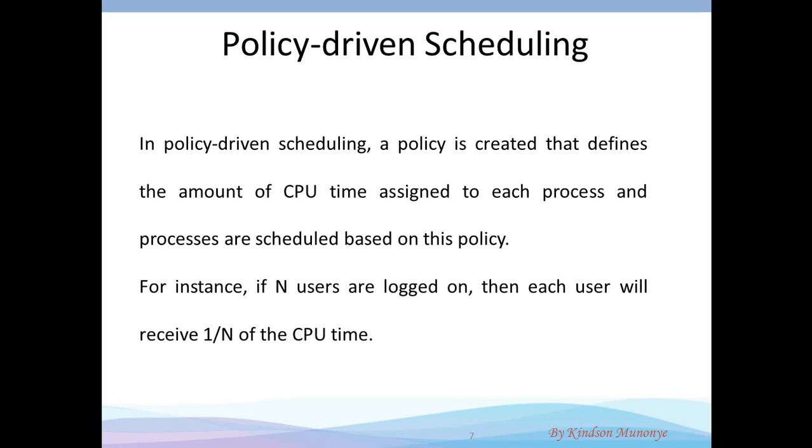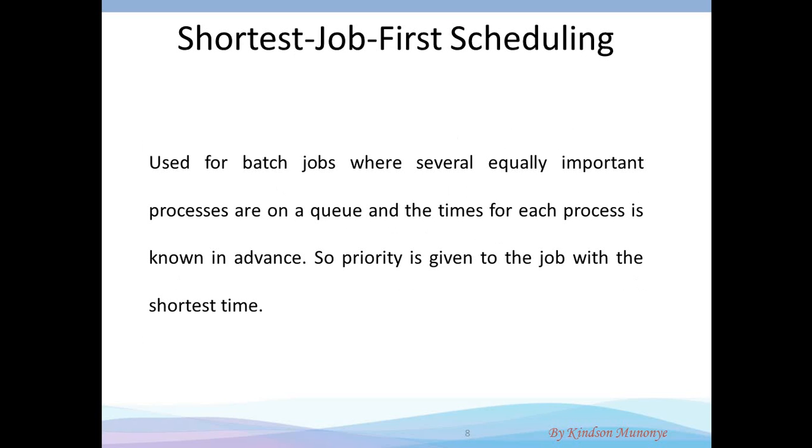The process that waited the longest might be allowed to run. Or the number of logged-in users might be a criterion: maybe each user is allotted 1/n of the CPU time, where n is the number of logged-on users. So this is policy-driven scheduling.